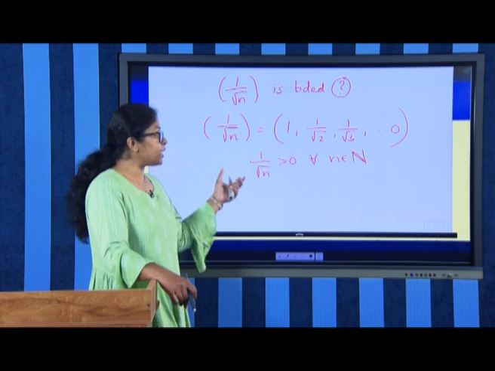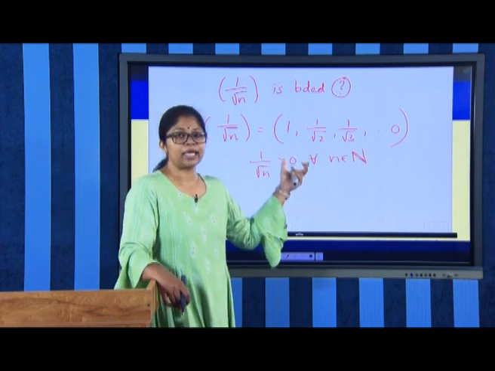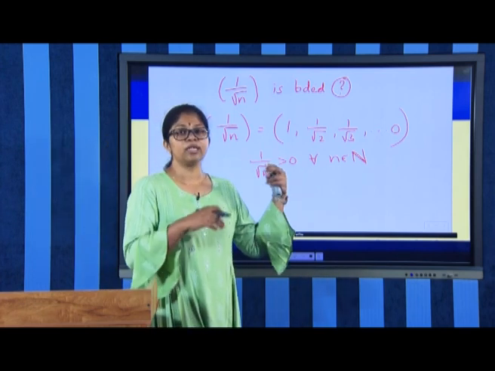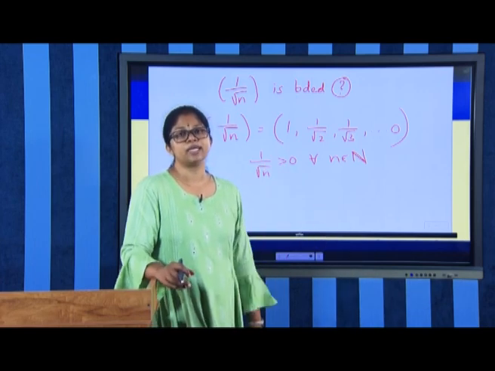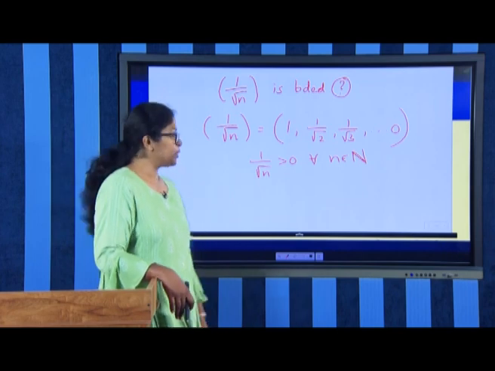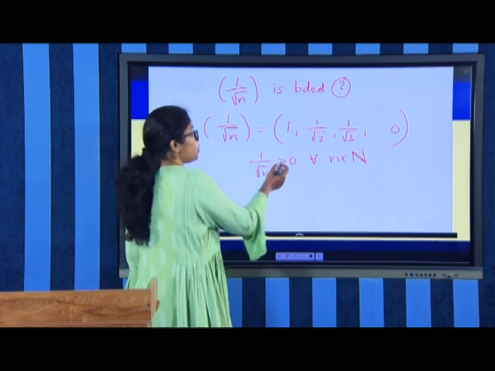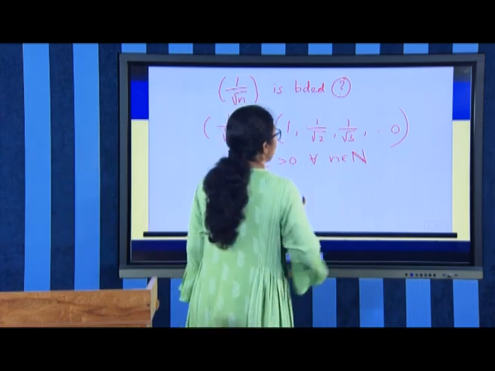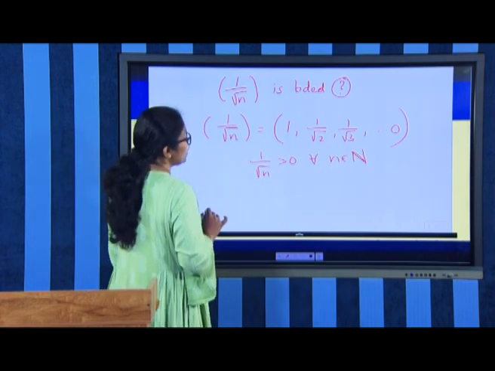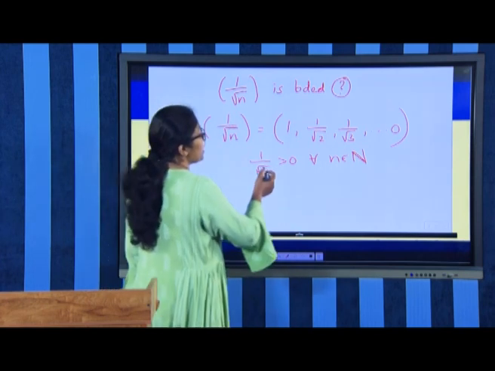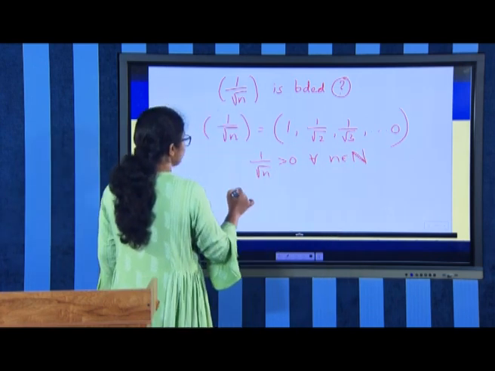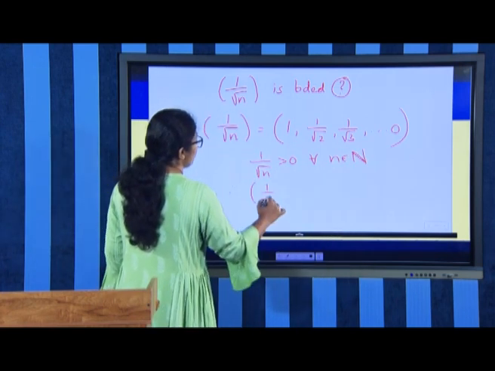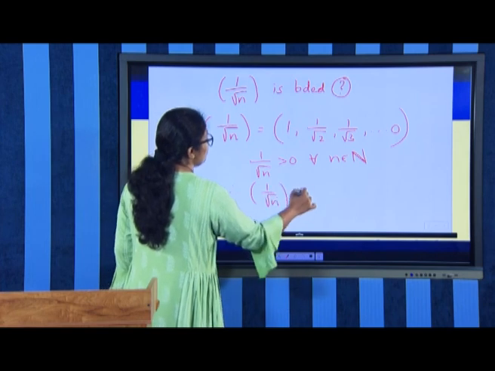So, if we are taking a square root from the viewpoint of a function, we by default consider it as a positive square root. So, root n is always greater than 0 for every n belonging to the natural numbers, and therefore every element is larger than 0. Therefore, the sequence 1 by root n is bounded.